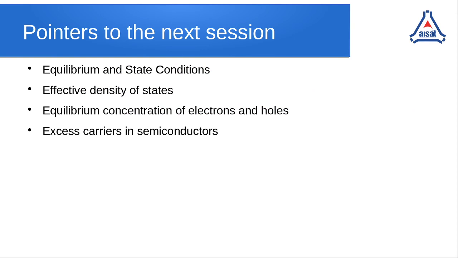The next session will cover a few of these topics: equilibrium and steady state condition, effective density of state. We had seen density of state, now what effective density of state is. Then the equilibrium concentration of electrons and holes, and the concept of excess carriers in semiconductors.